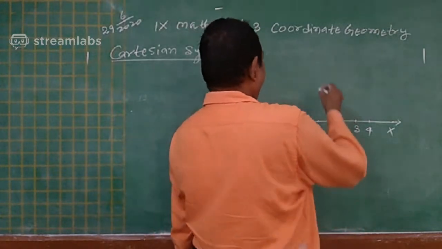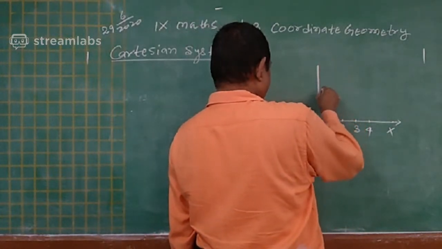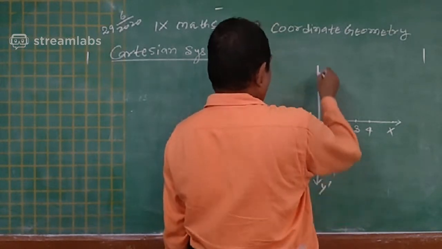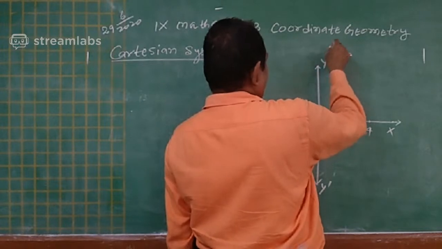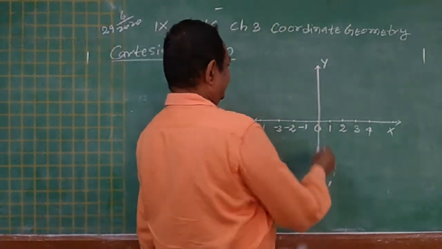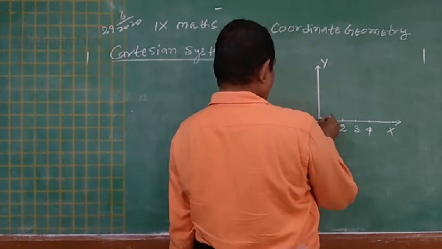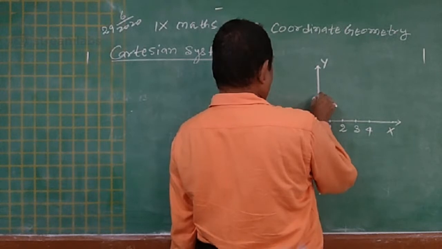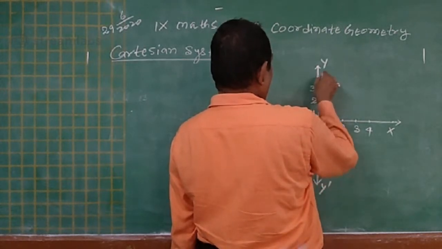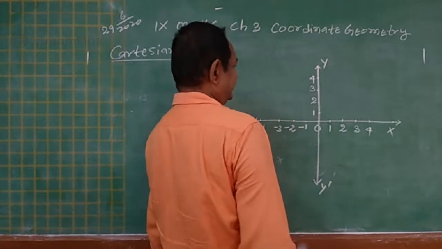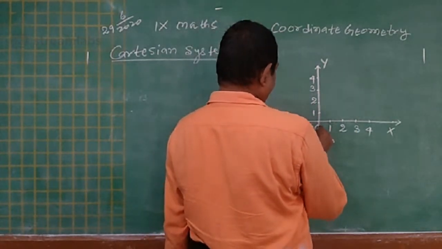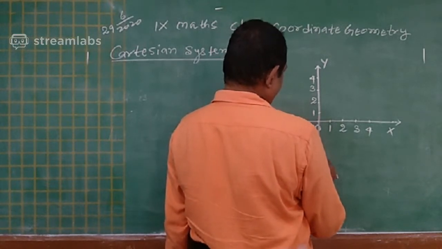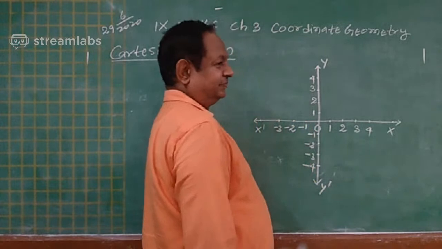Suppose another number line is y dash y. This is a vertical line, and above the origin the points are at equal units 1, 2, 3, 4. Similarly, below at equal distance are minus 1, minus 2, minus 3, and so on.